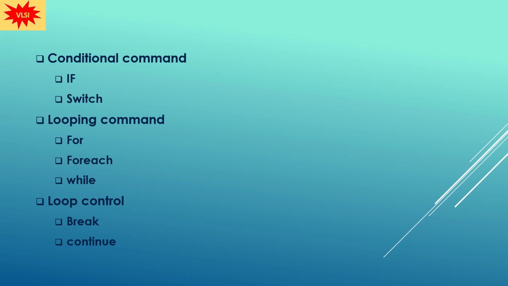So if and switch, these two: if is the keyword, basically if else, and switch case, we call it switch case, but switch is the only keyword here. These two come in the category of conditional commands, where when one condition or a pattern is satisfied, the particular command is executed.